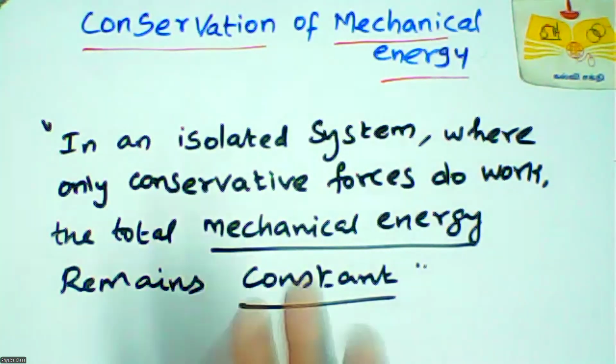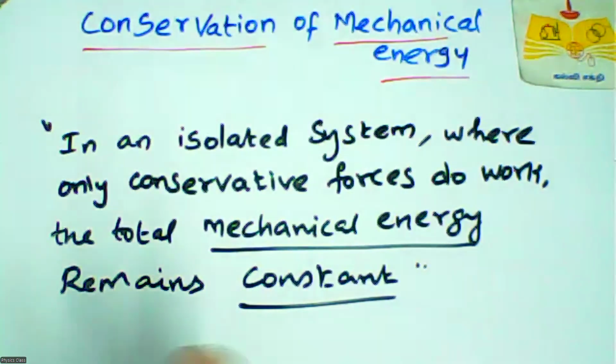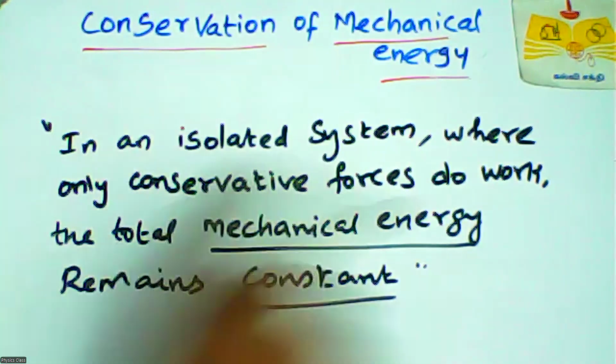In an isolated system, you can say in an ideal system, there are no external forces like air resistance or other external forces. In that ideal system, there are only conservative forces. For example, gravitational force is a super example of a conservative force.